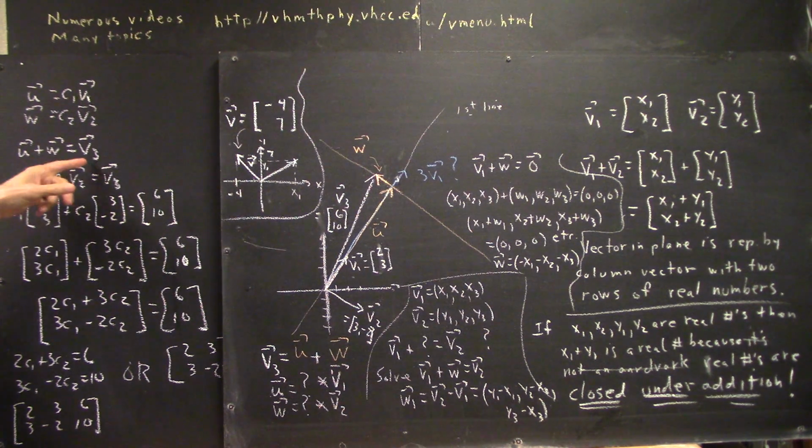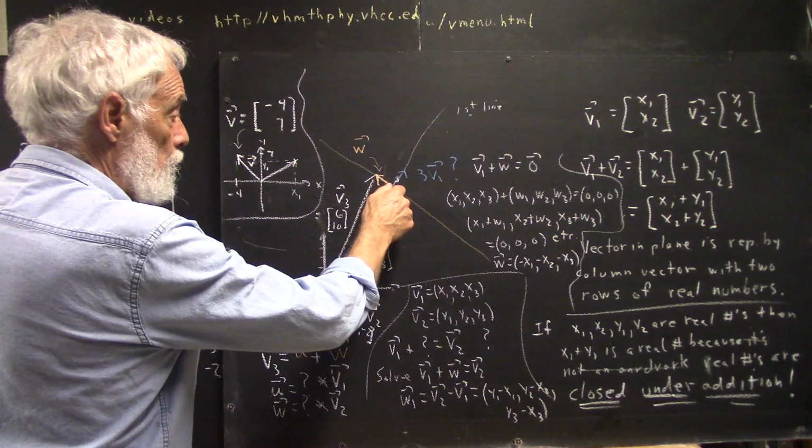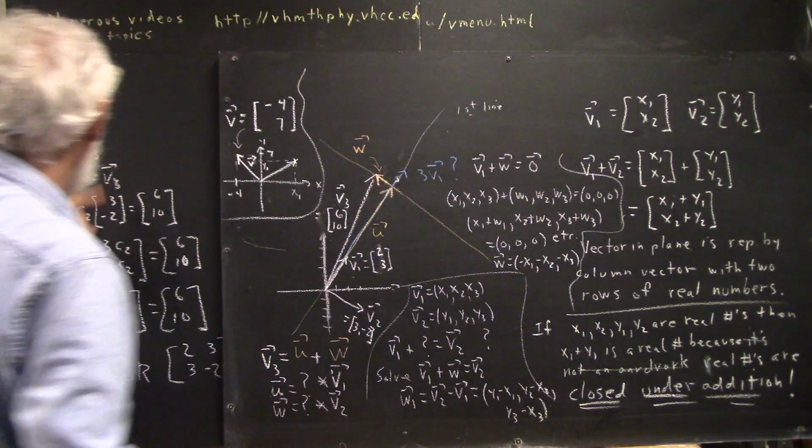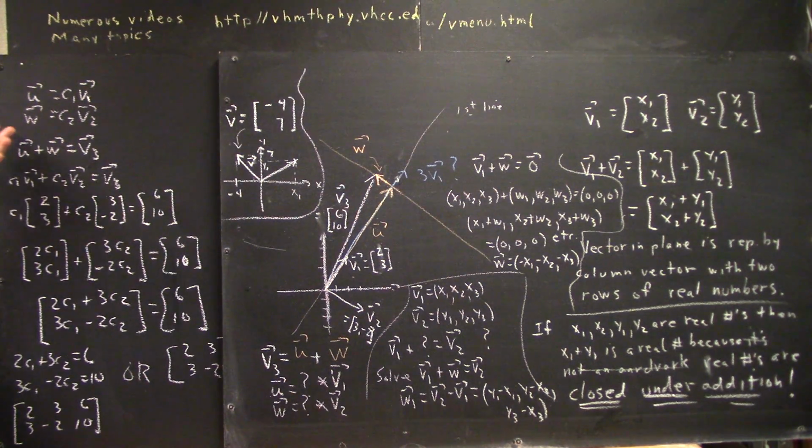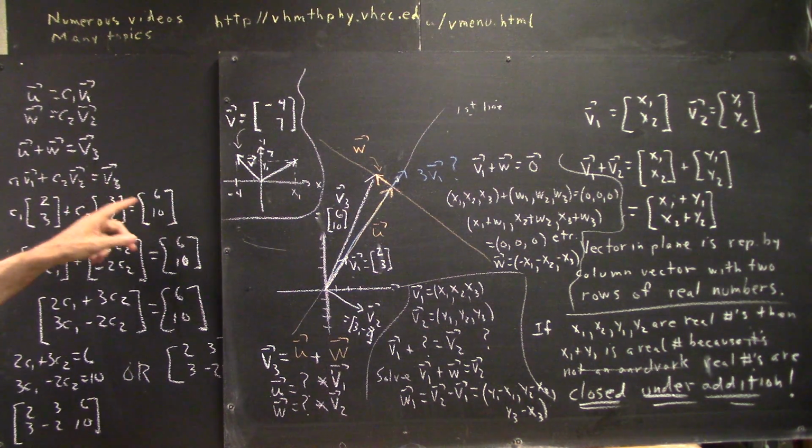Now, U plus W equals V3. Again, U plus W has to equal V3. Now we just write down what V1, V2, and V3 are. Here they are. So we got C1 times this plus C2 times the V2 equals the V3.